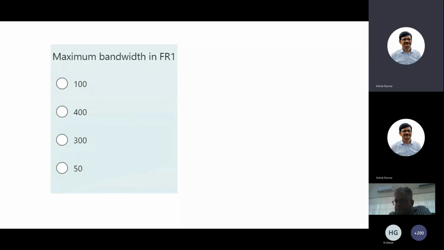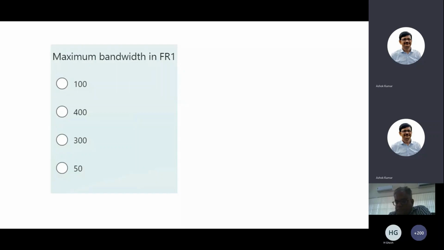TDD is always better for spectral efficiency, because we can allocate more spectrum to downlink or uplink as the requirements are. So all the new band allocation would be in TDD.